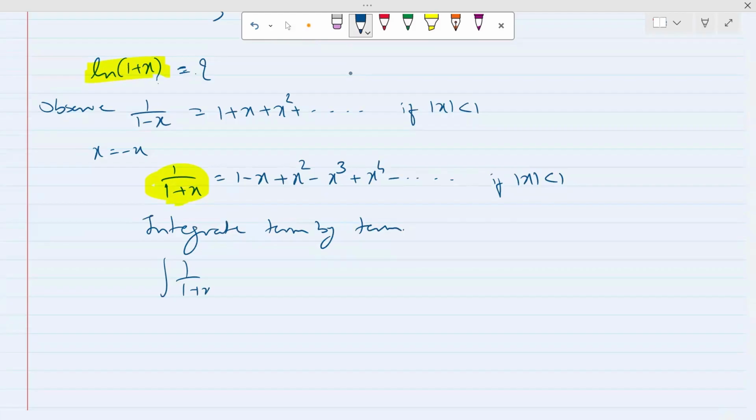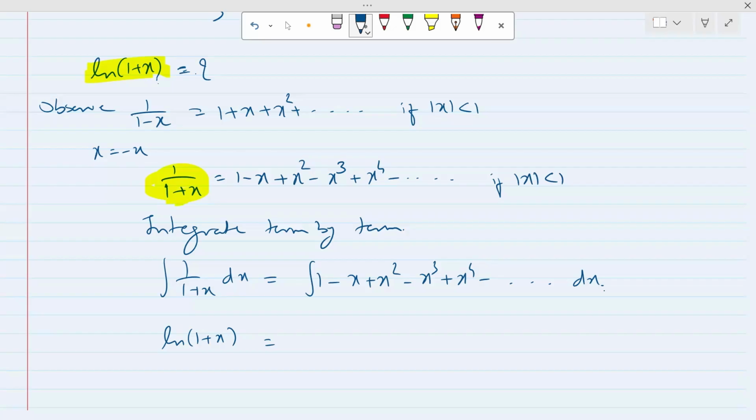Integration of 1 upon 1 plus x dx equals integrating 1 minus x plus x squared minus x cube plus x raised to 4 dx. The left hand side is ln of 1 plus x. Absolutely correct. What about the right hand side? x minus x squared by 2 plus x cube by 3 minus x raised to power 4 by 4.